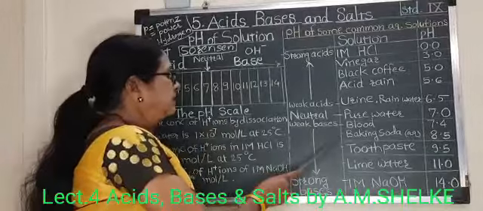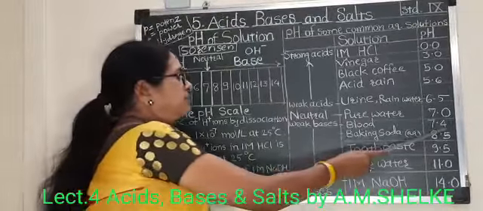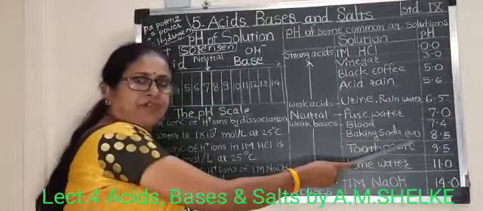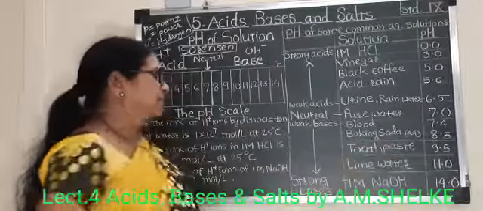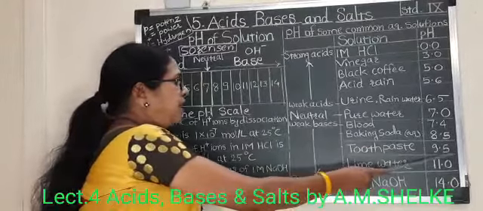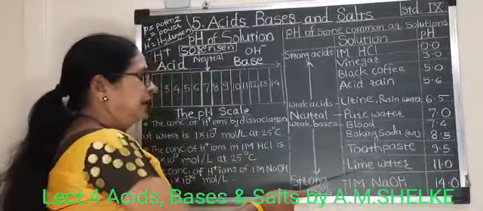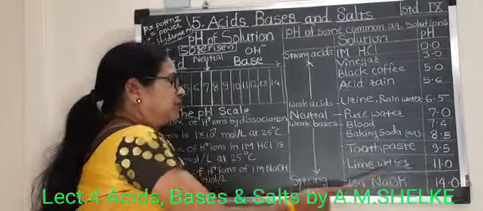Then weak bases, for example blood. Blood has a pH of 7.4. Then baking soda in aqueous form has a pH of 8.5. Toothpaste has a pH of 9.5. It is basic in nature. Then lime water has a pH of 11.0.